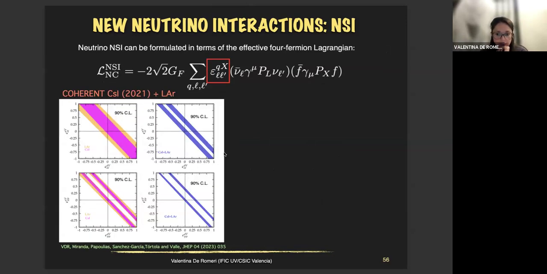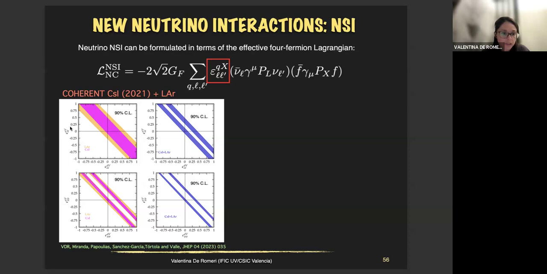So we can again use the data of the COHERENT experiment, and we can extract bounds on the typical NSI parameters. These parameters can be either flavor changing or flavor conserving. So let me start with the flavor conserving ones. So this plot shows the 90% confidence level preferred regions, that are these diagonal colored regions, in terms of the NSI parameters.